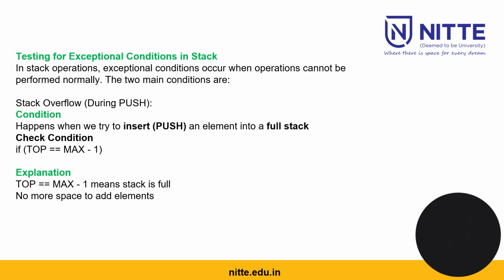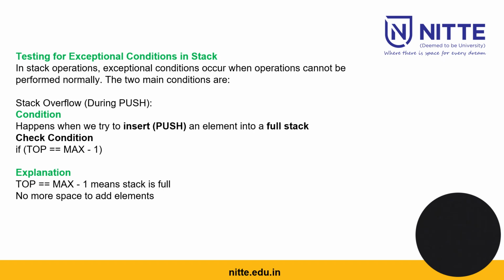Before pushing an element into a stack, we will use an if statement, and here you can see I have written if top is equal to max minus 1. What does this indicate? Max is the size of the stack.